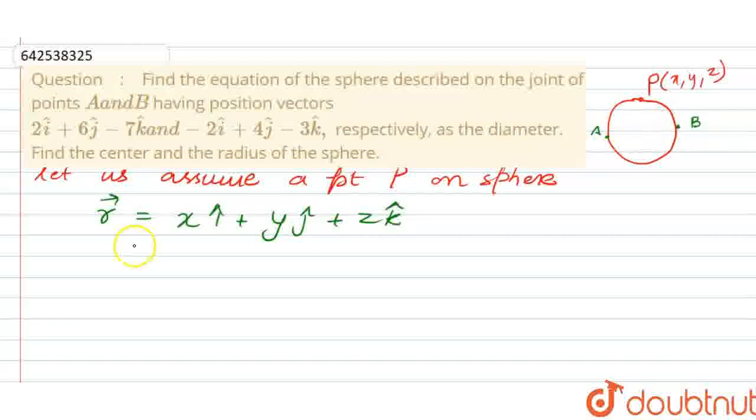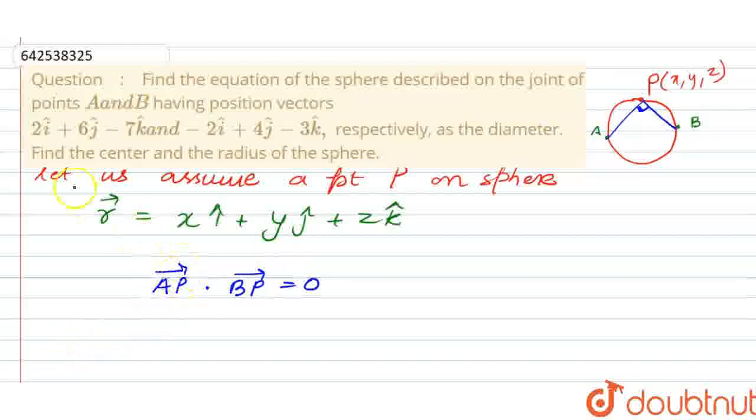So we know that in a sphere having AB as diameter, the dot product of the AP vector and the BP vector will be 0, because P is the point from where, when we draw lines to A and B, they are perpendicular to each other. That is why the dot product of these two lines will be 0.